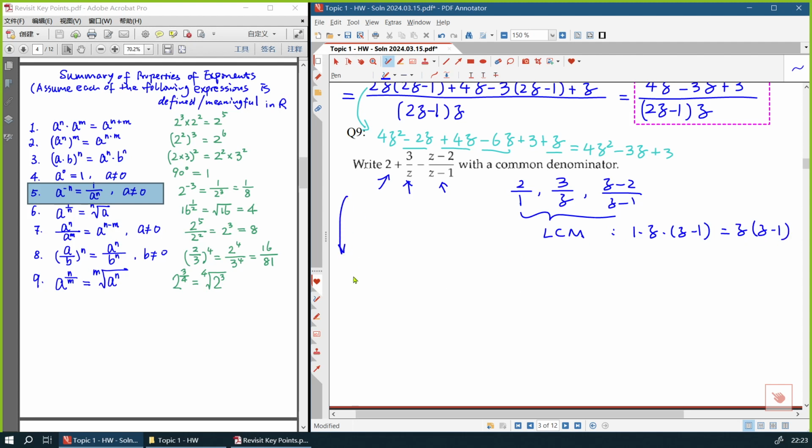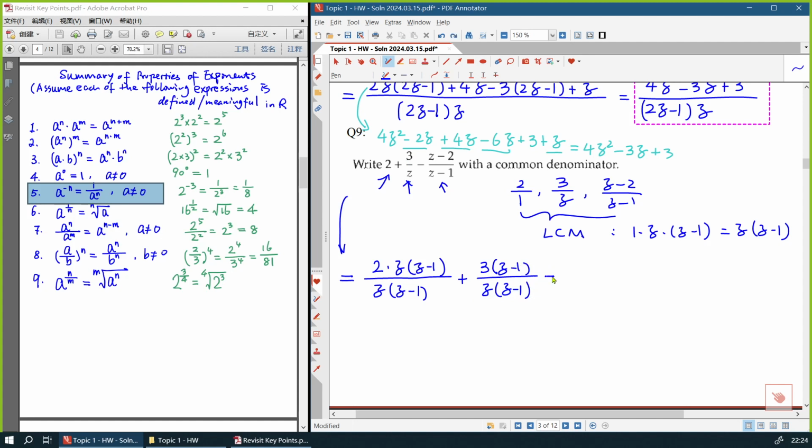So we know that, first of all, 2 is actually 2 times z minus 1 over z times z minus 1, right? And of course, if you cancel these two terms, you will get the first number 2. Second term is 3 over z, which means 3 times z minus 1 over z times z minus 1, right? Again, if you cancel z minus 1, you will get 3 over z, which is the second term.